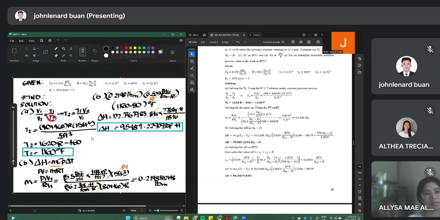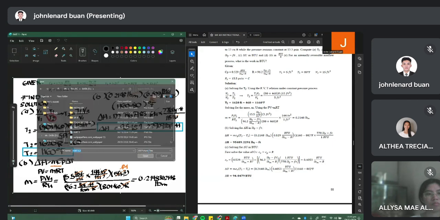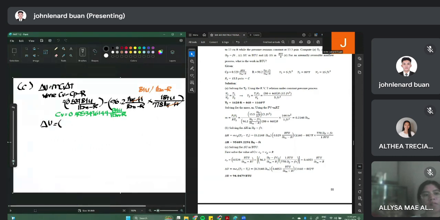Ang value natin ng mass ay 2.148302 pound mass.